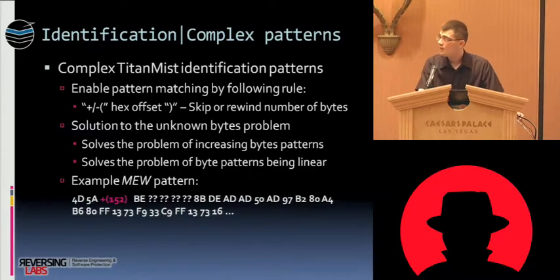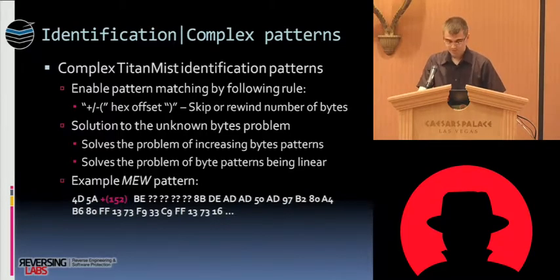Now we can jump backwards, so those signatures can be non-linear as well. You can match a certain point of the pattern and then jump back to confirm it or do whatever. So, of course, this also solves many problems. It solves the problem of increasing the size of the byte pattern, and it solves the problem of patterns having to be linear.